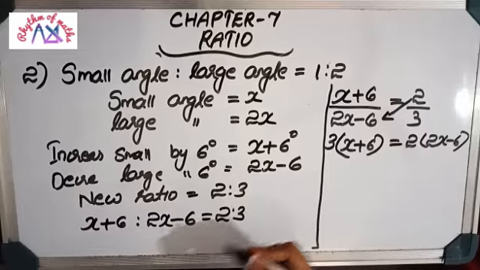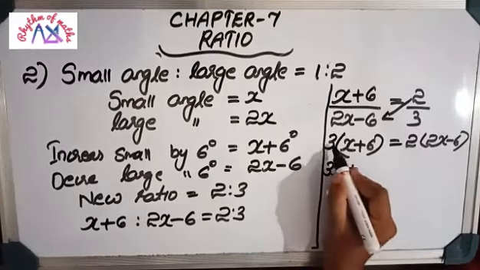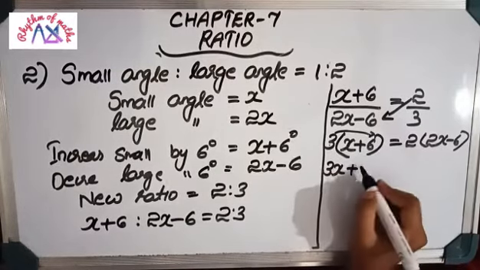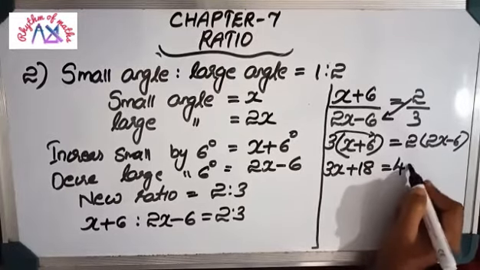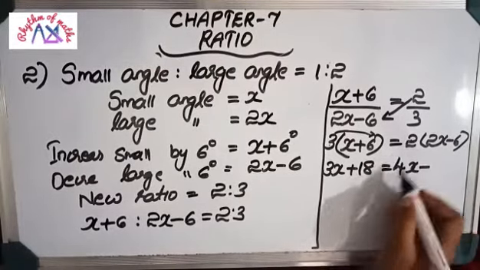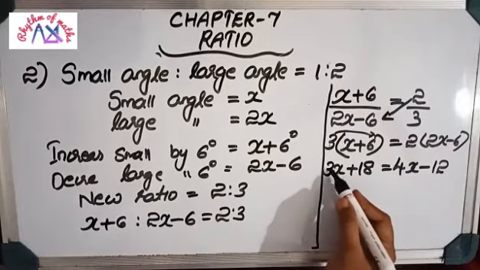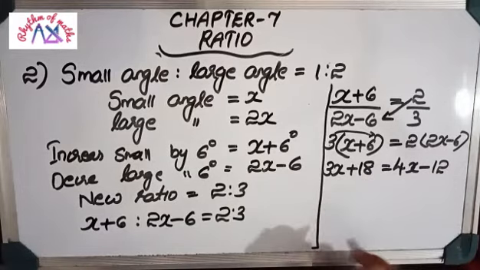Now let's open the bracket. 3 into x is 3x plus 3 into 6, that is 18, equal to 2 into 2x, that is 4x, minus 2 into 6 is 12. Now take this 3x to this side and minus 12 to this side. All the x values must be on one side.